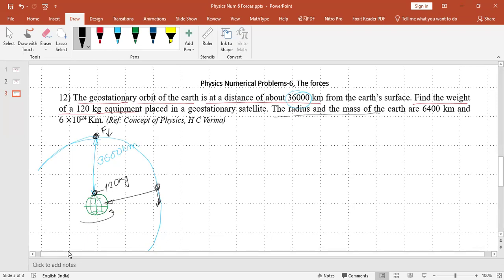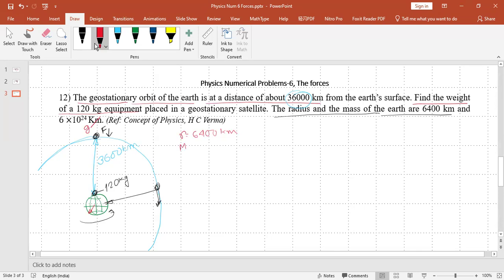Anyway, the radius of the Earth is given as 6,400 kilometers. This radius of the Earth, R, is 6,400 kilometers given. Also given, mass is, this is not kilometer, it should be kg.